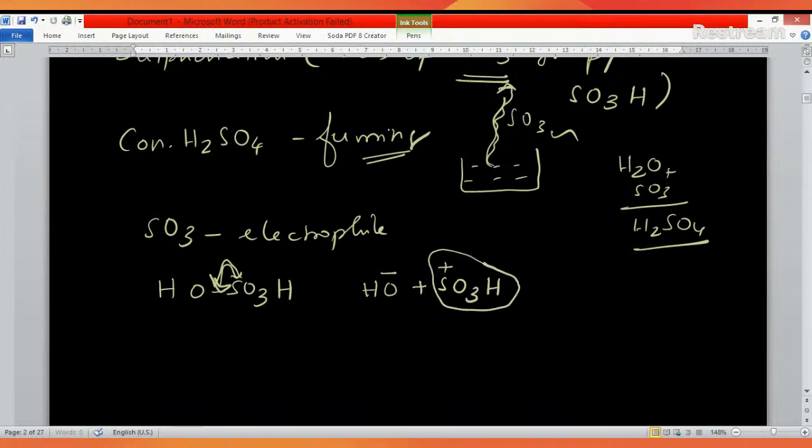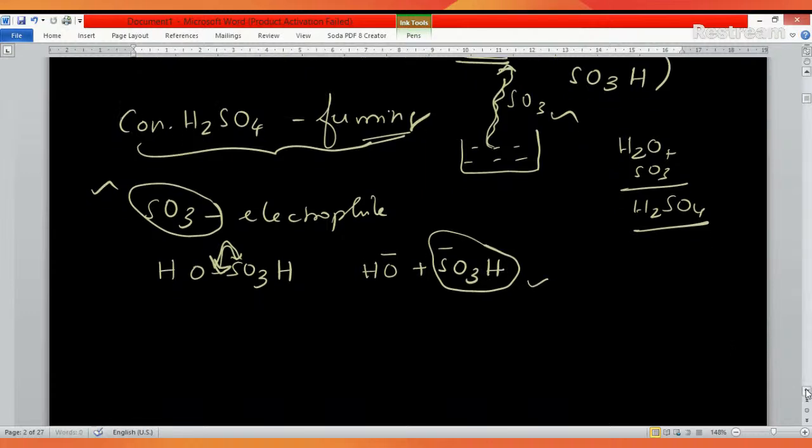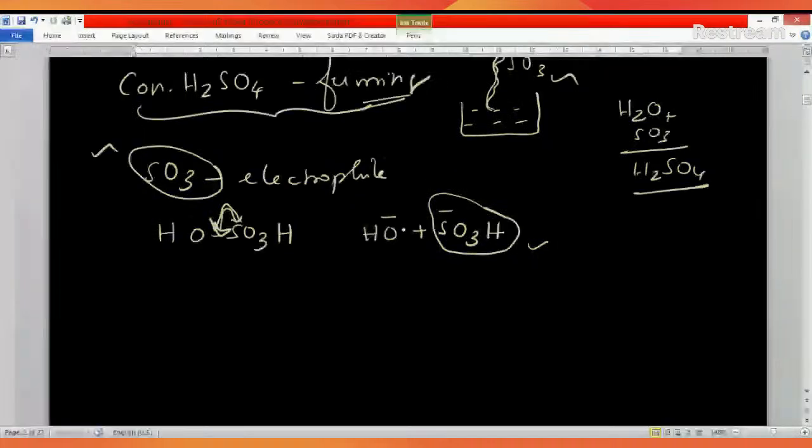So this is also an electrophile. There are two ways. When you take fuming sulfuric acid, SO3 is the electrophile. When you take concentrated sulfuric acid, SO3H plus must be the electrophile. Anyway, finally, we are going to substitute SO3H in the benzene ring as follows.